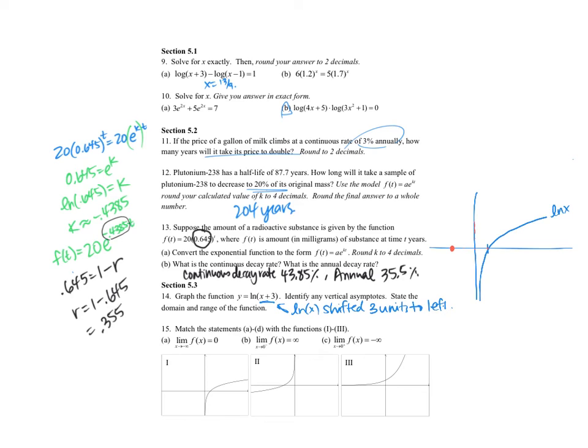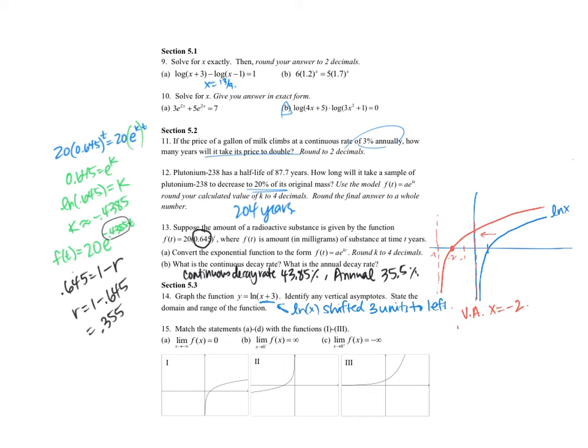And this asymptote is shifted 3 units to the left, so that asymptote becomes this asymptote, and so it goes like that. I've shifted everything to the left by 3 units, and so my vertical asymptote is x equals negative 2.